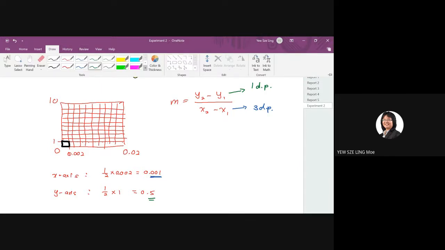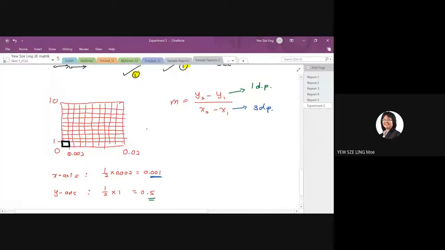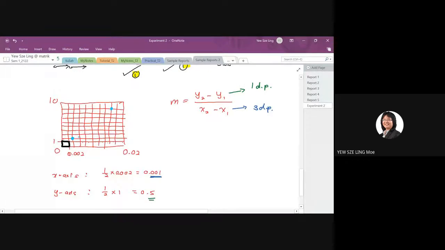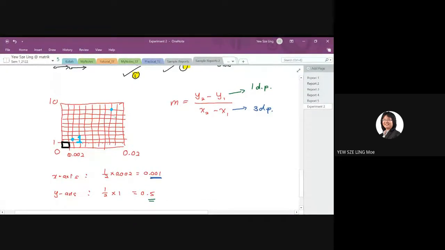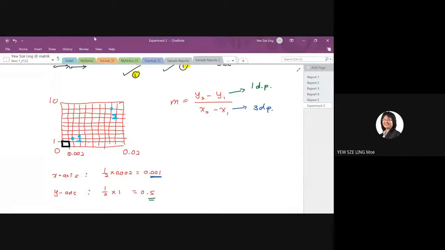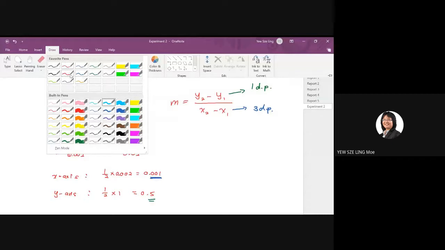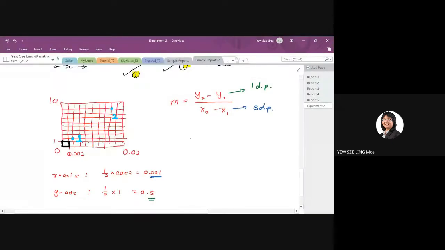For example, I have point 1 located here and point 2 located here. I'm going to try to apply the equation. m equals y2 minus y1.